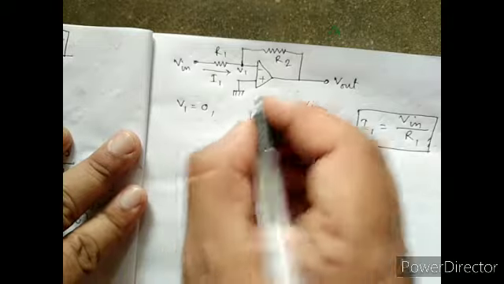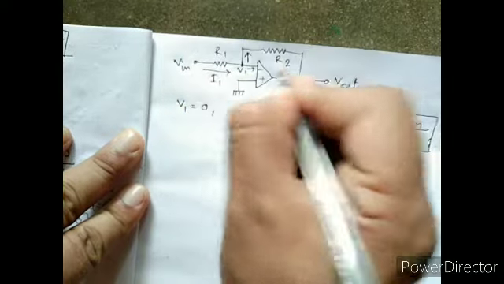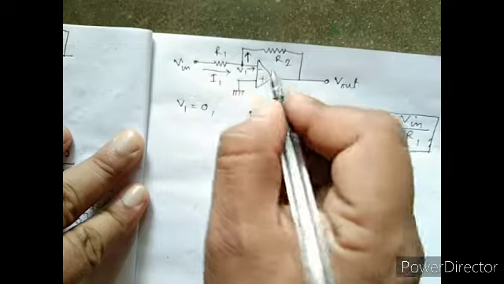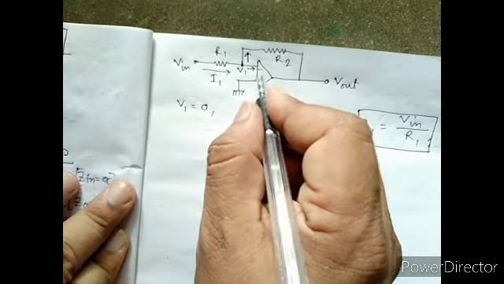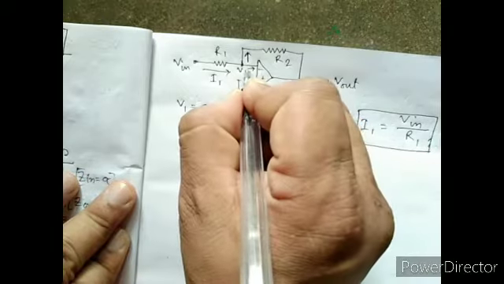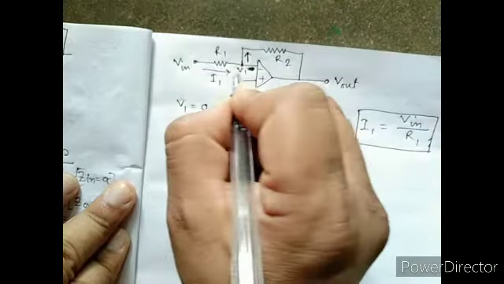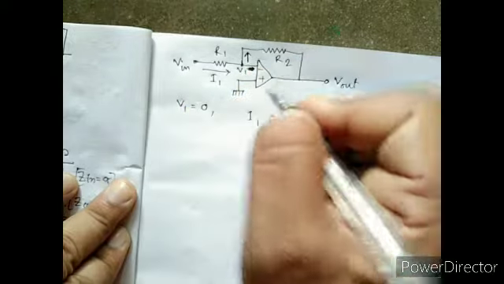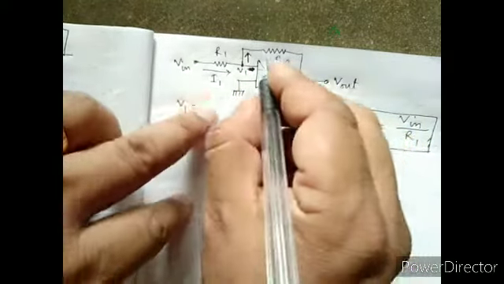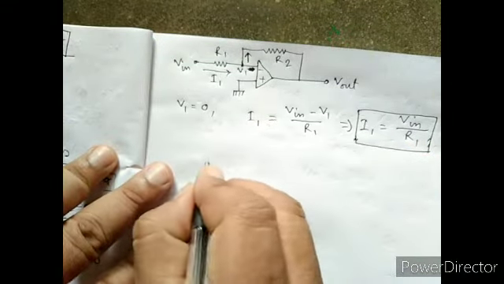Now this I1 current will pass through this branch and this branch. Now we know the input impedance of an ideal operational amplifier is infinity, so no current will pass through this branch. So total current I1 will pass through R2.